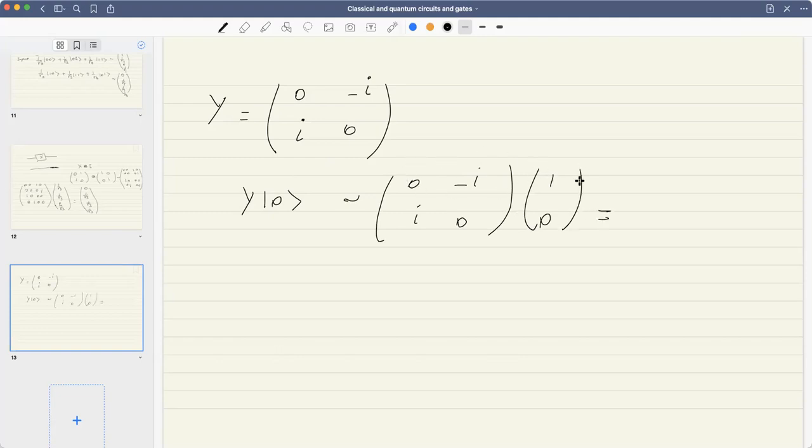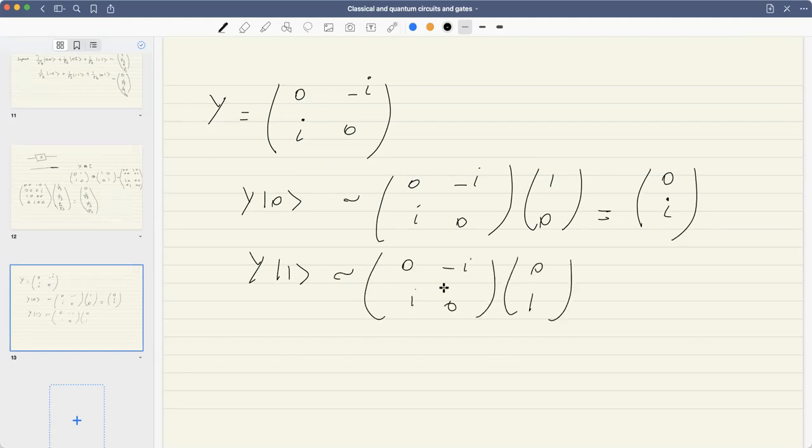So that gives me 0 and i. Y acting on 0, 1 gives me minus i and 0. So it flips, but it also gives some different phase factor. It gives a relative minus sign.